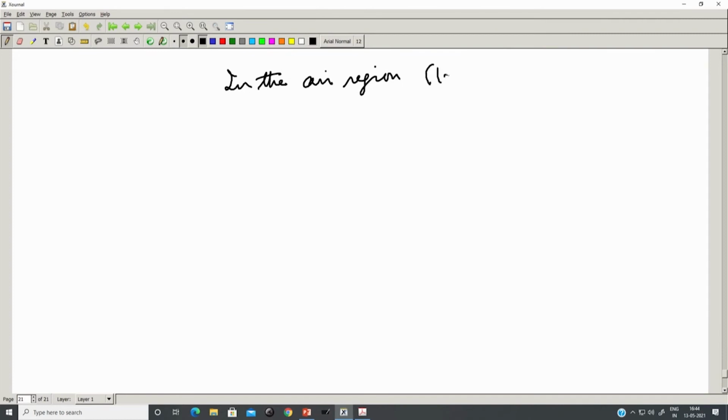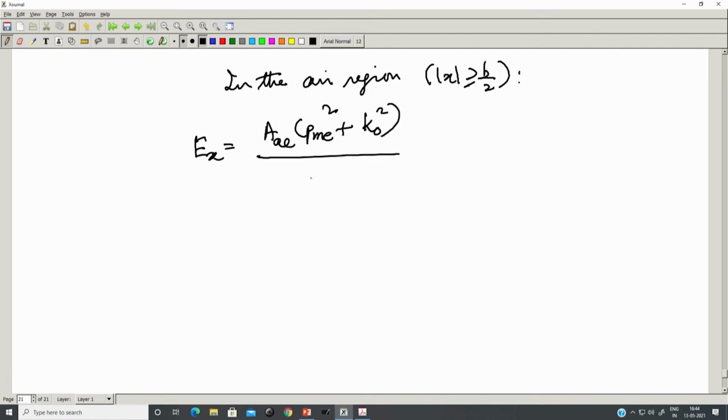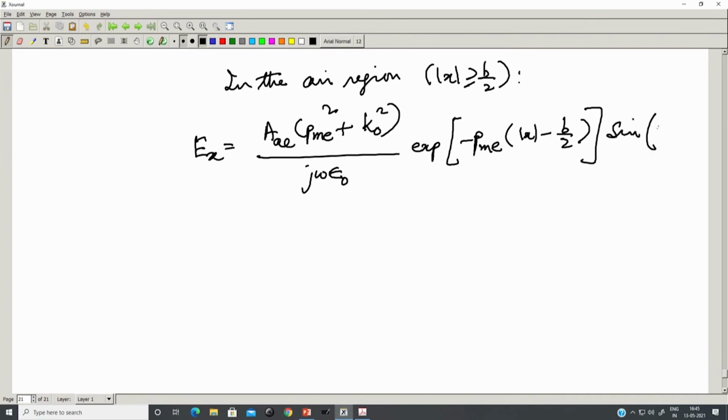So, in the air region we have mod x greater than or equal to b by 2, we will have E x as A A E p m e square plus k 0 square by j omega epsilon naught exponential minus p m e mod x minus b by 2 sin n pi y by a e to the power minus j k z e z.